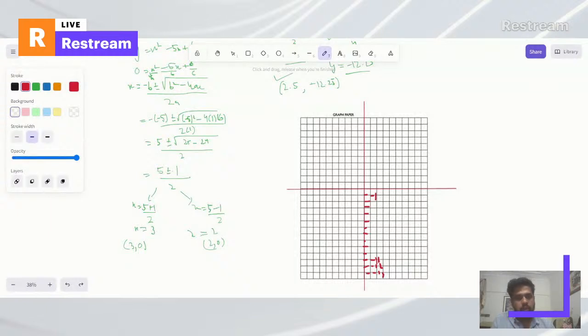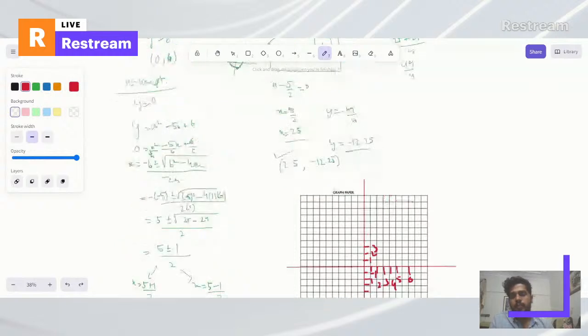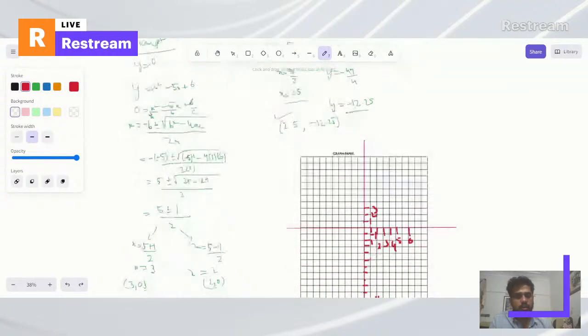And then from here it's going to be 1, 2, 3, and then 4, 5, 6. On the positive y-axis it's going to be 1, 2, 3, up to 6, since I need until 0 comma 6.